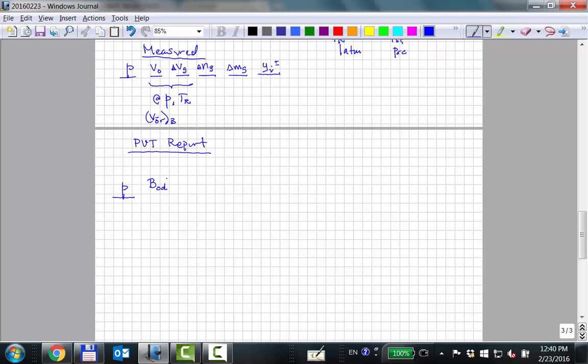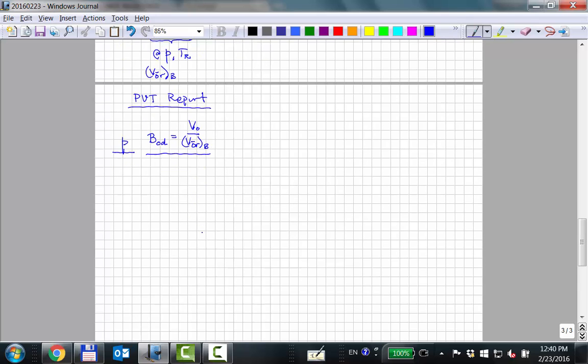And that's equal to the oil volume divided by this residual volume.